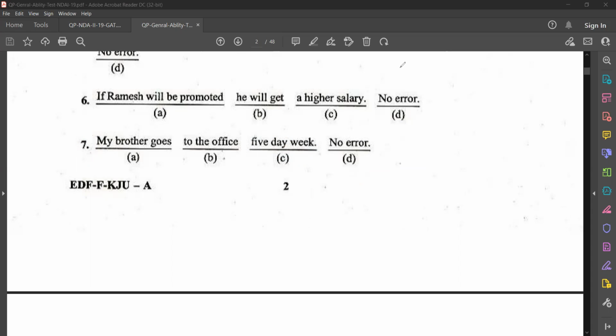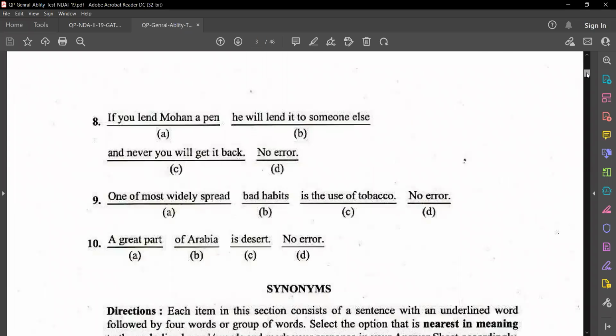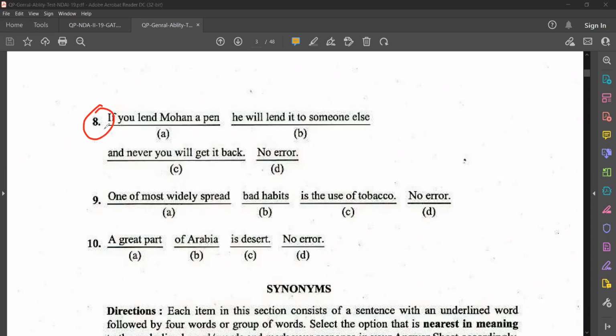Next question. Question number 8. If you lend Mohan a pen, he will lend it to someone else and never you will get it back. Which is the wrong part?